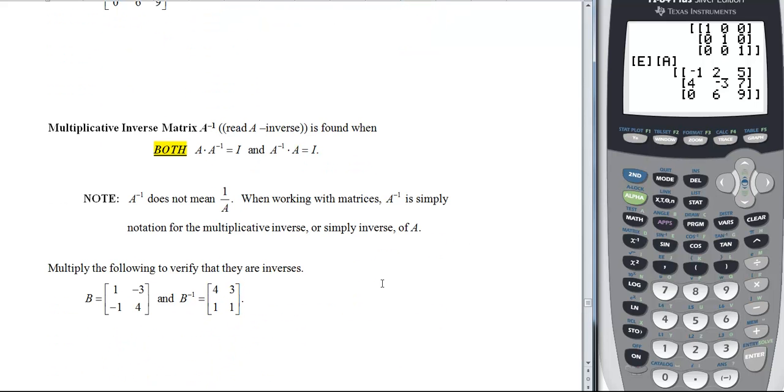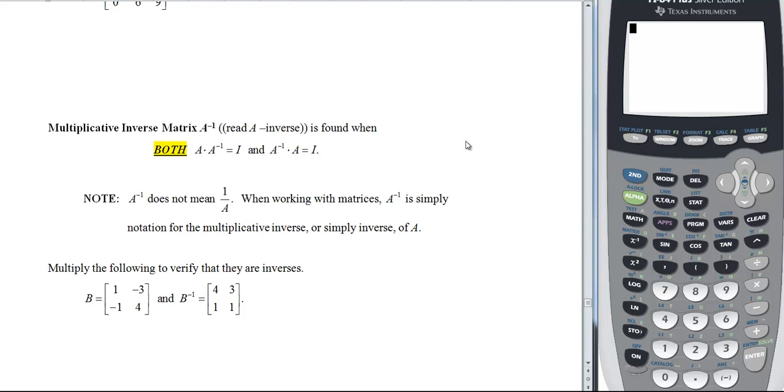Now, I want to multiply the following. I have not put this into my calculator, so I'm going to pause the video so I can put them in. Okay, I put B in for B and B inverse in as matrix C. It says multiply the following to verify that they are inverses.